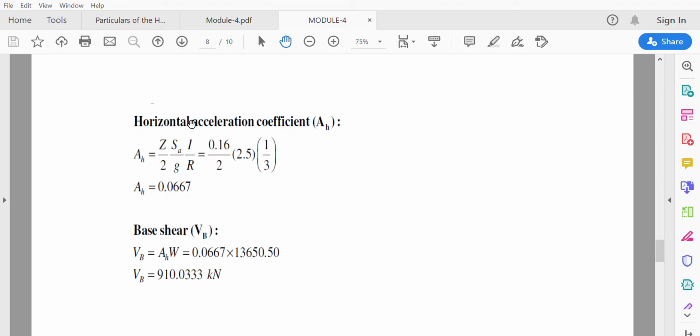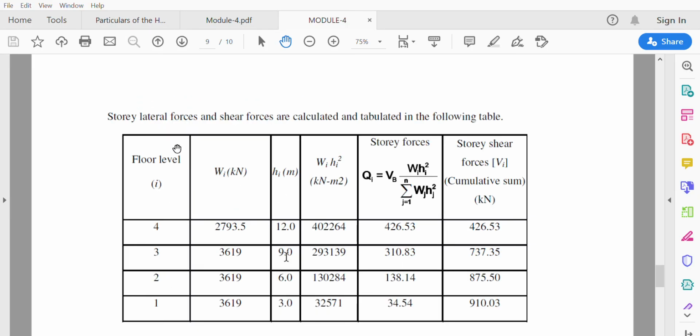So horizontal acceleration coefficient Ah is Z by 2 into Sa by g into I by R. So 0.16 by 2 into 2.5 into 1 by 3. So Ah is 0.0667. So Vb, that is the base shear, is Ah into W. W is the total seismic weight. So Vb is 910.0333 kilonewton.